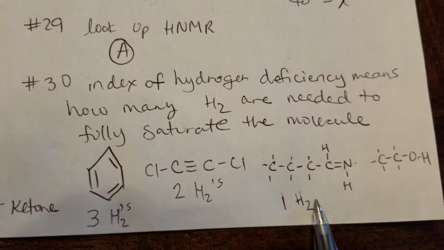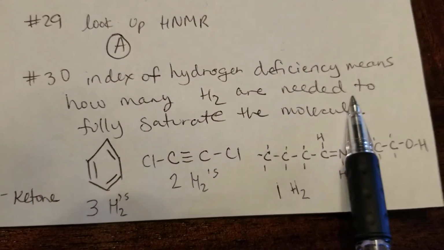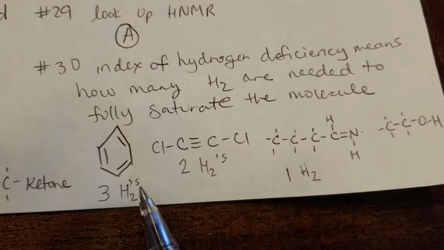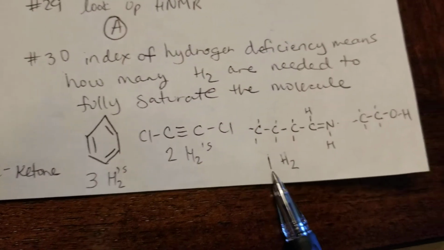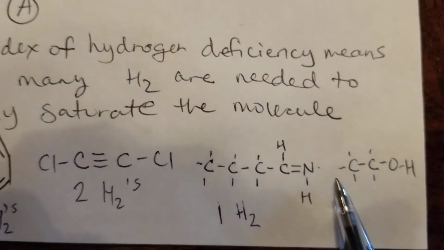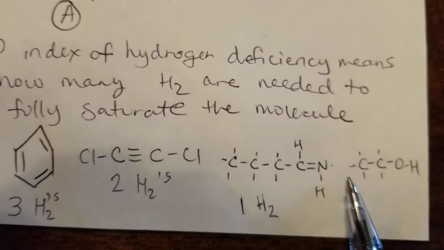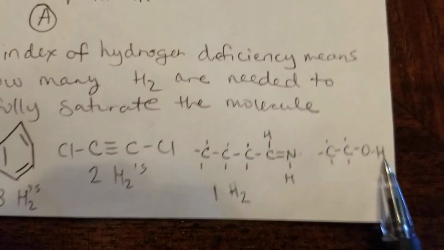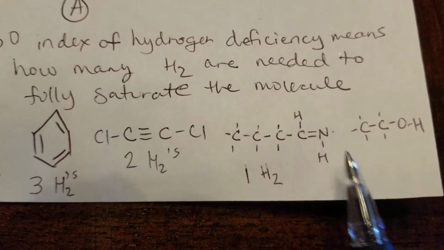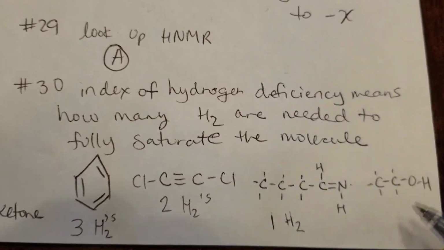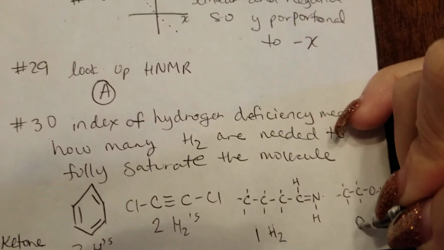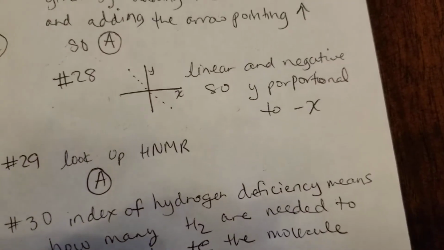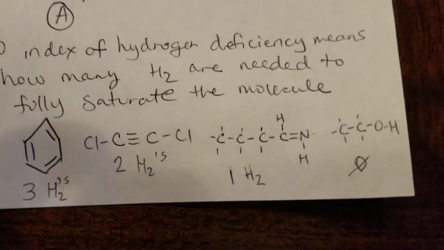So that has an index of hydrogen deficiency equal to 1. Notice this one has 3, this one has 2, this has 1. And the last one, letter D, is an alcohol, C2H6O, and that one has no double bonds, so it's already fully saturated. That means the index of hydrogen deficiency for this one is 0.